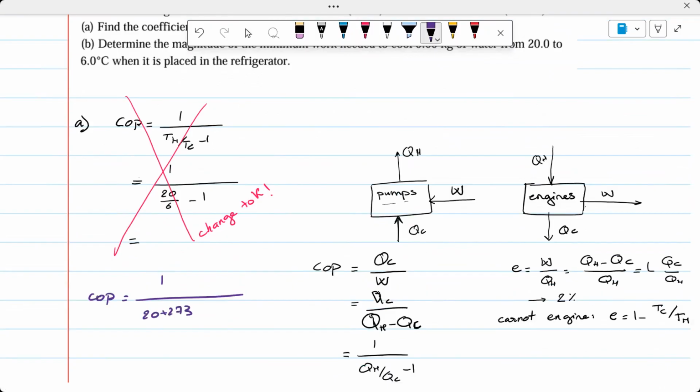So it is 20 plus 273 over 6 plus 273 minus 1. So I will calculate this. You will get 20. This is the unit of the coefficient of performance for this refrigerator.